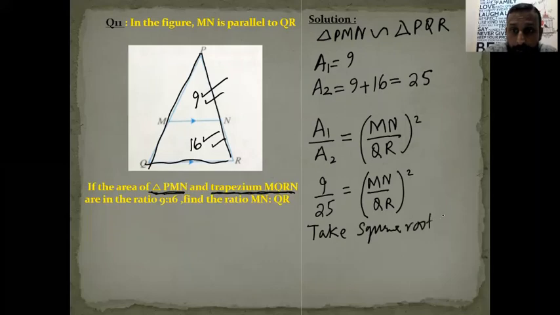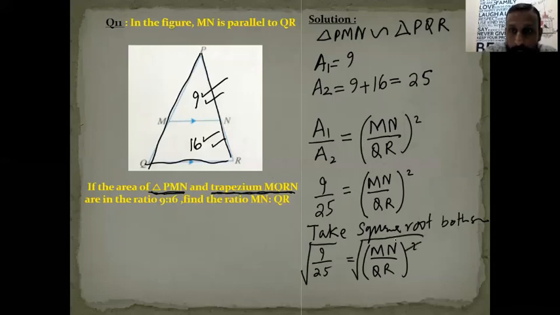I'm taking a square root on this side and on this side. Square and square root cancel out each other. The square root of 9 is 3, the square root of 25 is 5, equals MN upon QR.